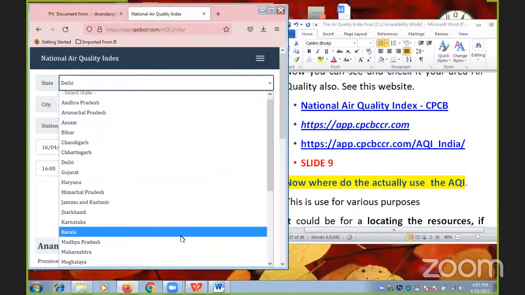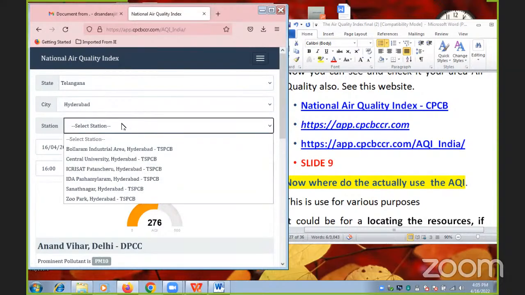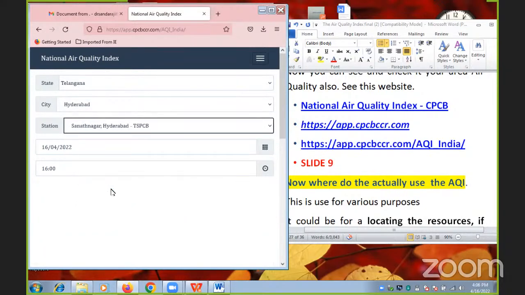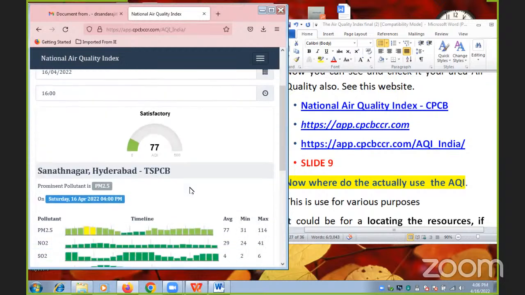So Telangana, right? Telangana, and select city Hyderabad, and station Sanathnagar, right?